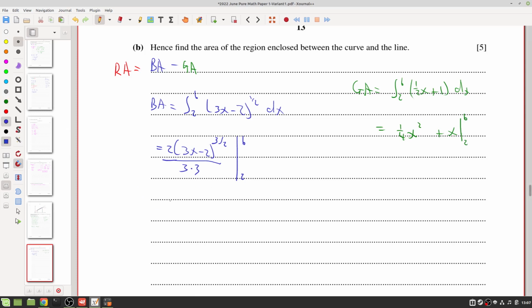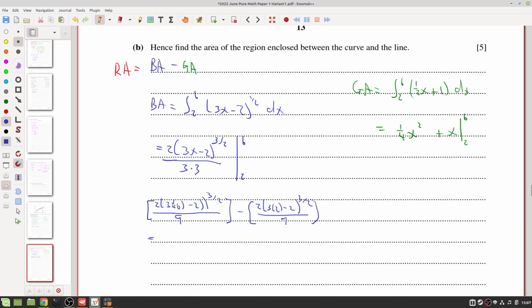Substituting in 6 first, let's do square brackets for this. That gives us 2 times (3 times 6 minus 2) to the power 3 over 2, all over 3 times 3, which is 9. Minus, and then we substitute in 2: 2 times (3 times 2 minus 2) to the power 3 over 2, all of that over 9.